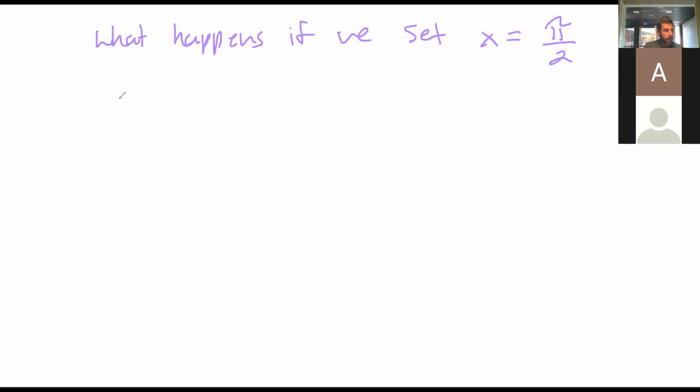So for example, that means I have pi over 2 is equal to 2 times the sum of negative 1 to the power k plus 1 over k, with k equals 1 to infinity, times sine of k times pi over 2.